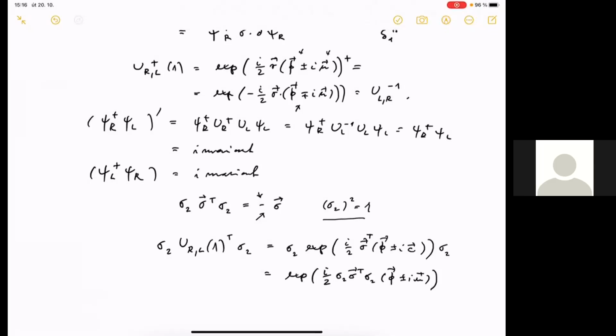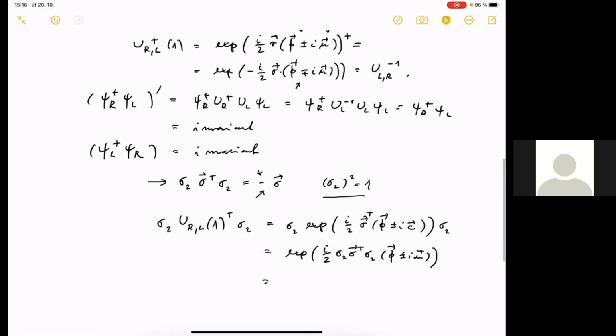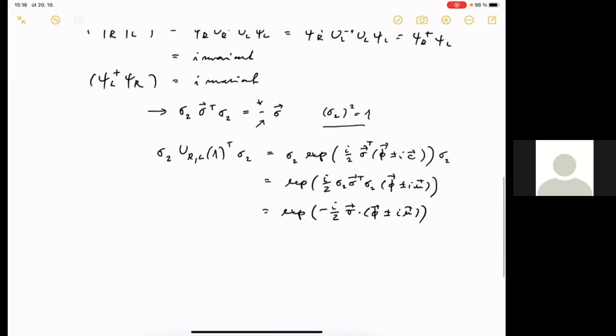And using again this magic equation, we here obtain the exponential of minus i half sigma times phi plus minus i u. And comparing this with the original U_R,L, we see that this is nothing else but the U_R,L to the -1, since here is a minus sign.